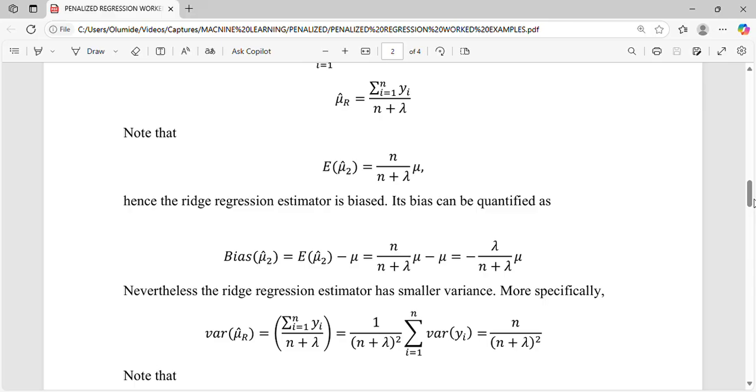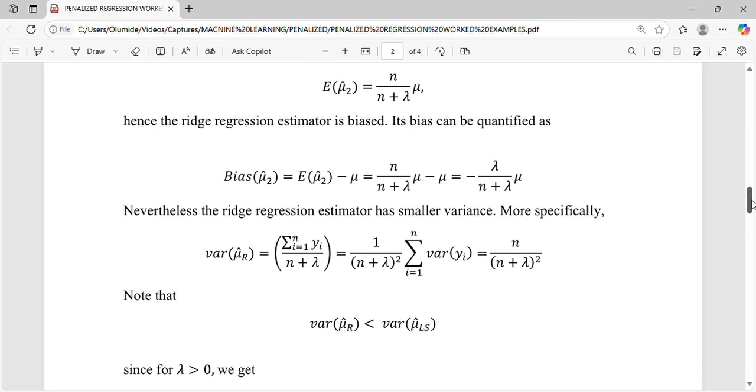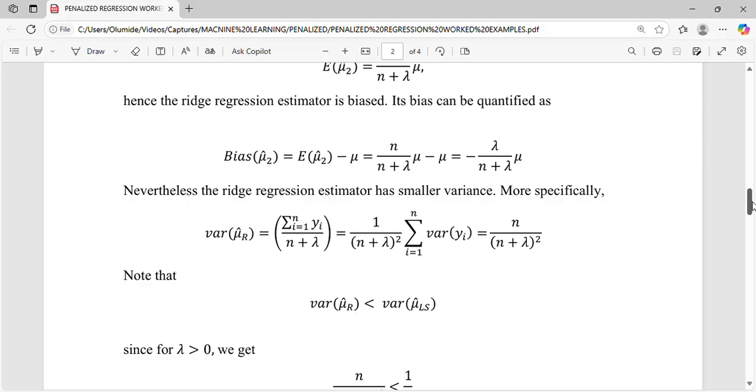Now when we compute the variance, we can see that the variance is less compared to that of least square. This is the variance for the ridge regression.